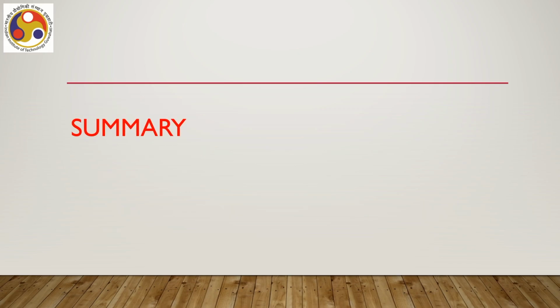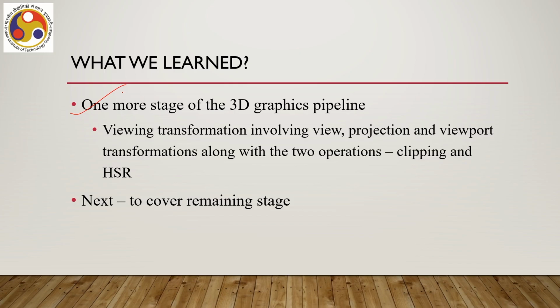So, let us summarize what we have learned so far. In this part of the lecture we covered one more stage of the graphics pipeline, that is the fourth stage, which is the viewing transformation.